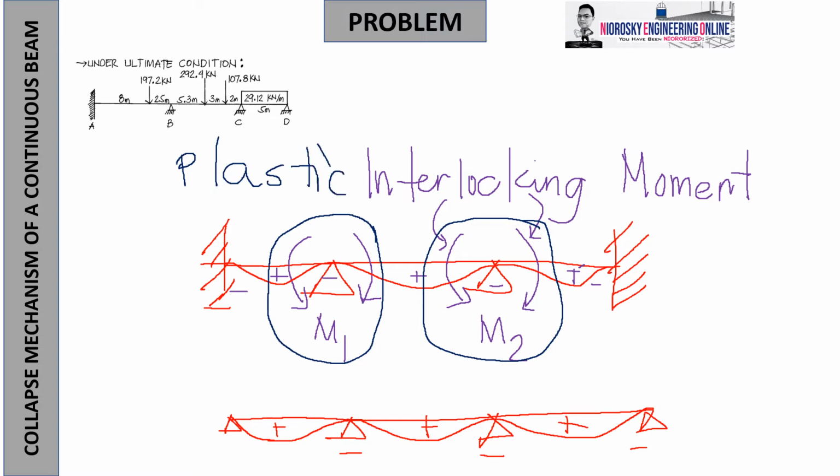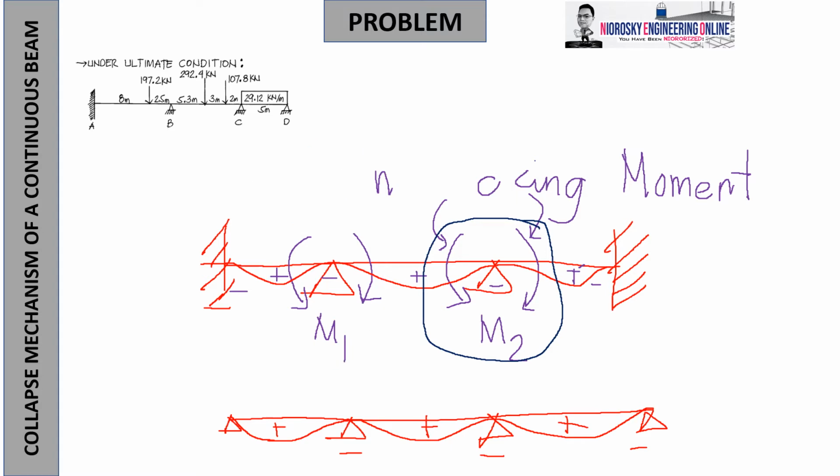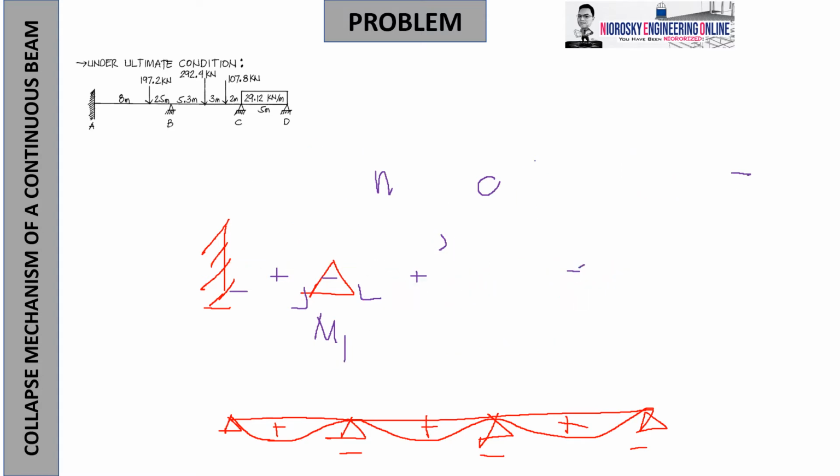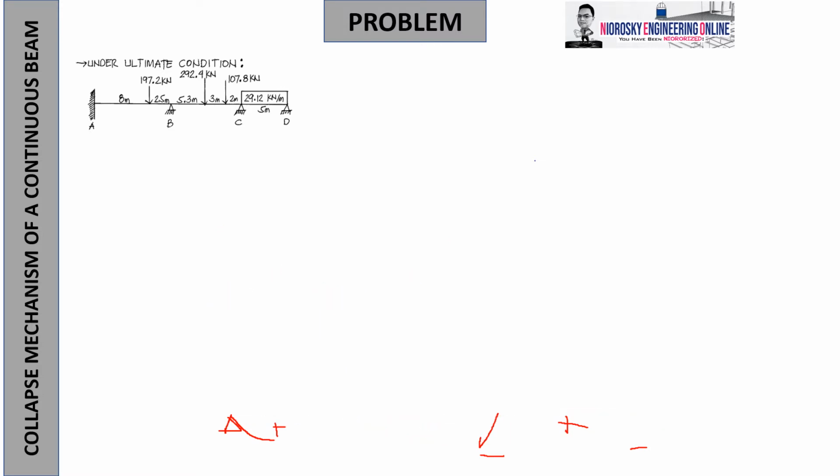Now, what do we understand by this? So there will be plastic hinges immediately found dun sa ating mga interior supports, unless it is an internal hinge, magkaiba yon.